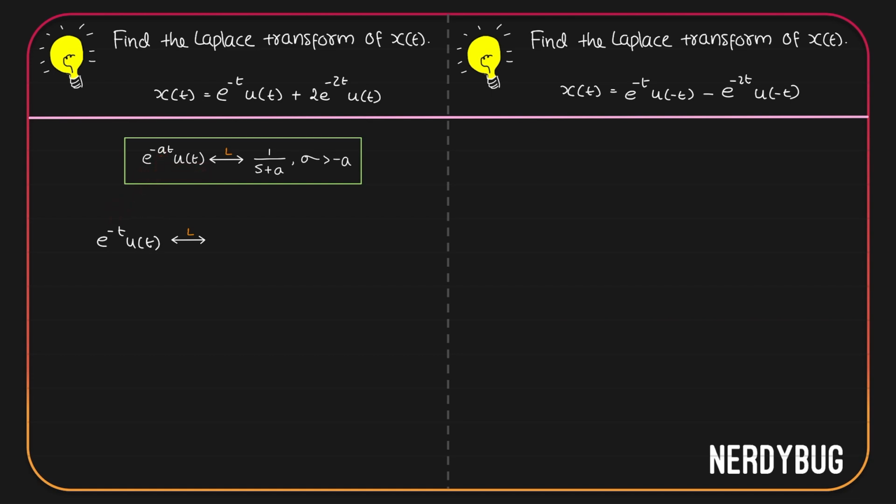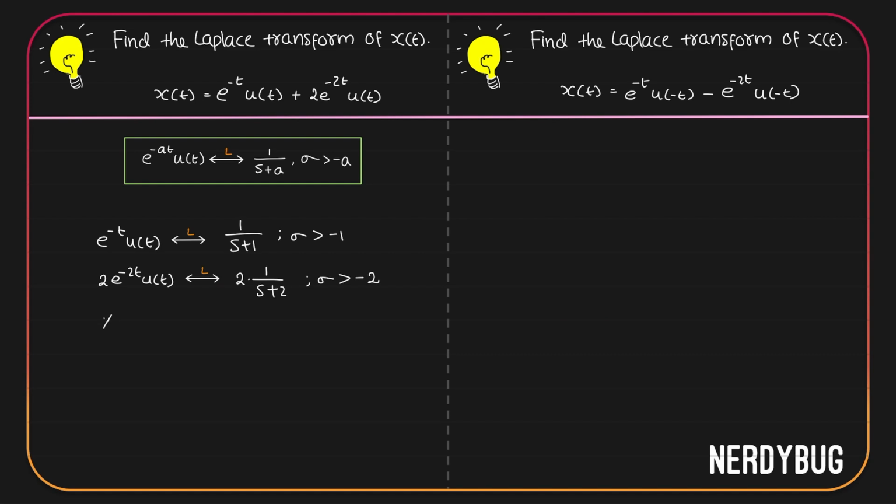So its Laplace transform will be 1 by (s plus 1) and sigma will be greater than minus 1. Then we have 2 e raised to minus 2t u(t). Its Laplace transform will be 2 times 1 by (s plus 2), since a is 2, and sigma is greater than minus 2.